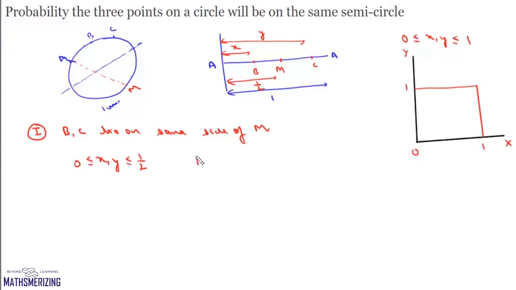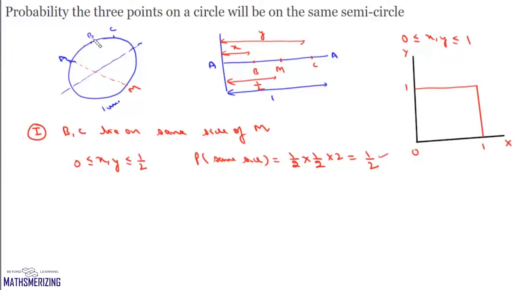So this probability will be 1/2 into 1/2. Now they can lie on either side of M, so we have to multiply it by 2. So the probability will be 1/2. So the probability that these 2 points lie on the same side of M is 1/2, and then they lie on the same semicircle.